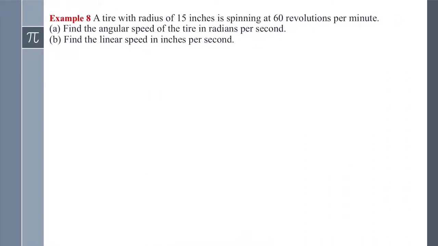Now let's look at another example here. A tire with a radius of 15 inches. So we have a tire, and the radius of that tire is 15 inches. It is spinning 60 revolutions per minute. So that means the angular speed is 60 revolutions per minute.